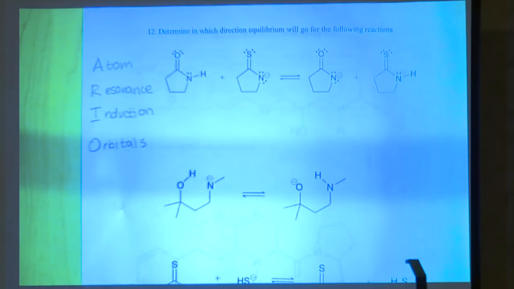He always likes to ask the question of a triple bond has more blank, like his fill in the blanks, has more blank character than a double bond, making it more or less acidic, and you have to decide which one it is.